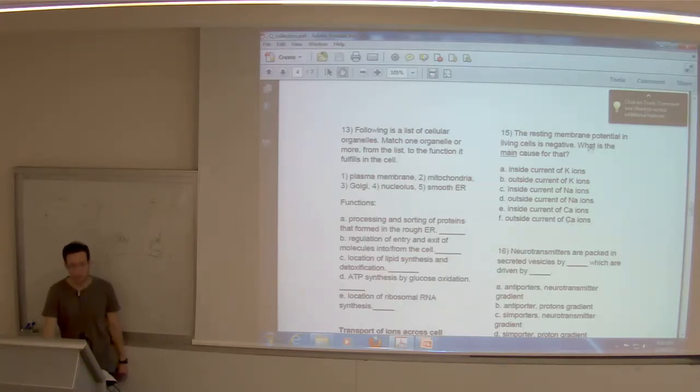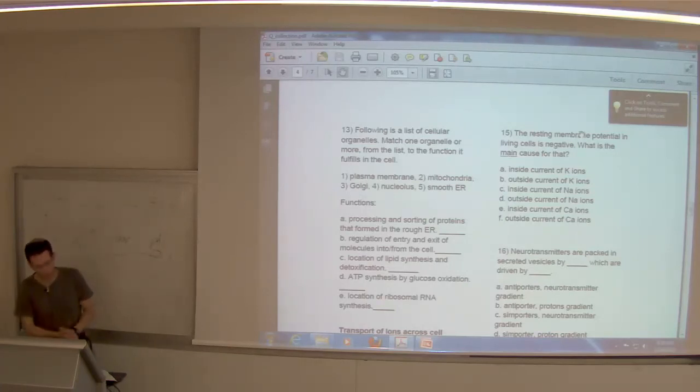The ion that determines most the inside negative state is potassium, because the passive channels with the largest conductance in resting states, not during an action potential, are those of potassium.